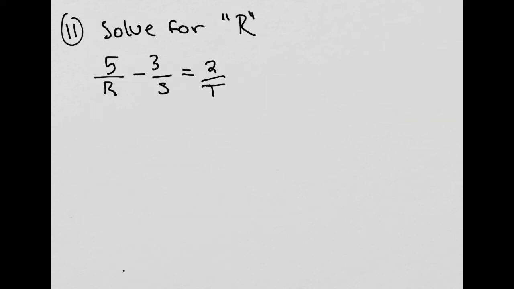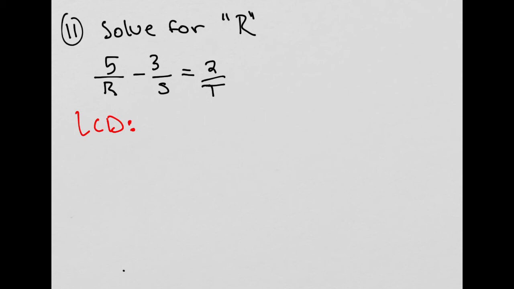All right, so here we need to solve for r. Now the r is in the denominator, and we need to have this r in the numerator. So what we can do is find the least common denominator, and then multiply each denominator and numerator by what is missing. That way we can cancel all the denominators, and this way we're going to end up with the r at the top.